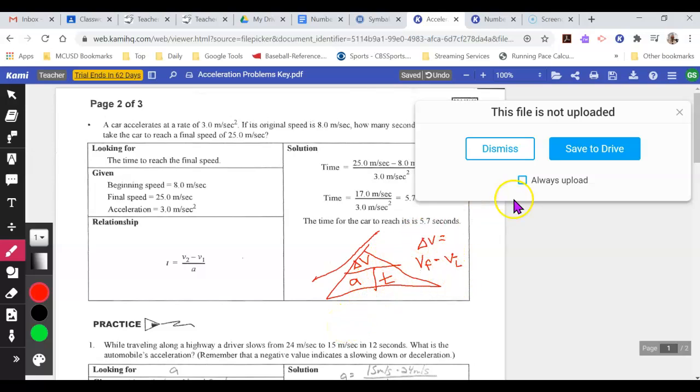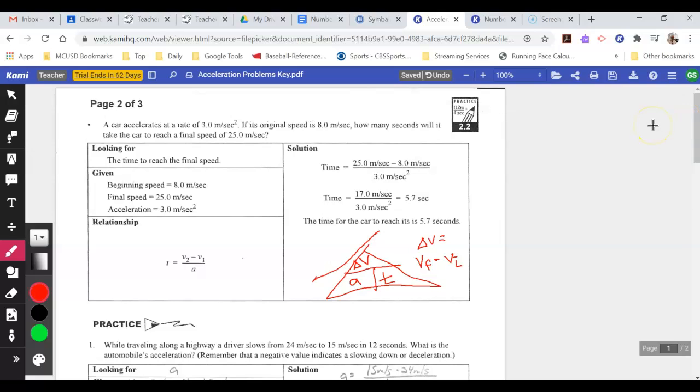One thing I did notice from the notes that you took on acceleration from the day previous, when you have a problem that's mentioning slows, that is a deceleration, and that would mean that your final would go to 0, which means your initial would be a larger number, which means you would have a negative sign.